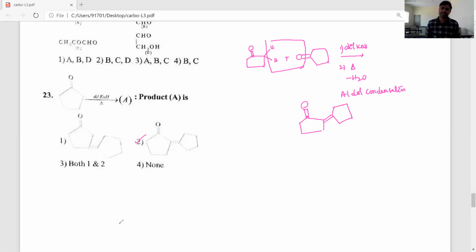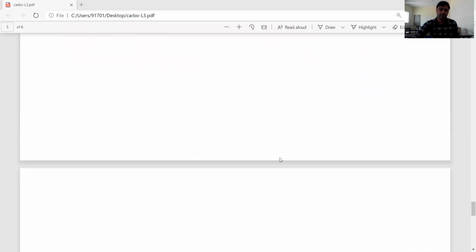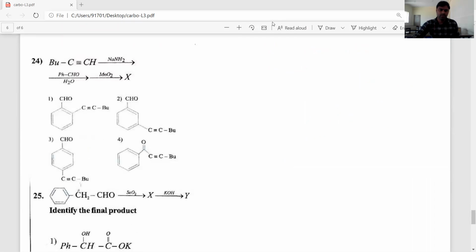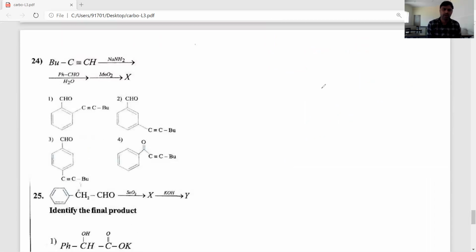Okay, students. Let's see the 24th question. In the 24th question, terminal alkynes have an acidic proton. Bu means butyl group.